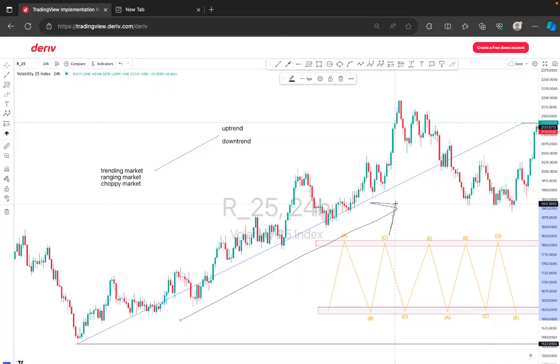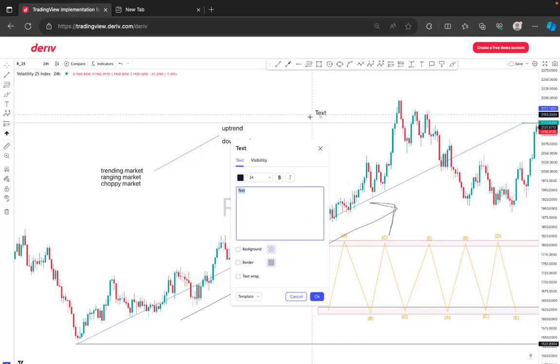So now let's go back to the trending market, which is the uptrend. They might ask you what the validations of an uptrend are. That's where the higher high, also known as HH, kicks in, and the higher low, also known as HL.